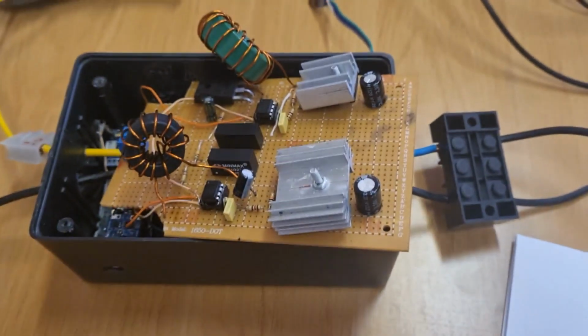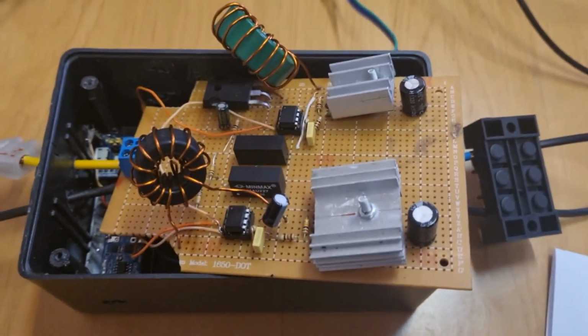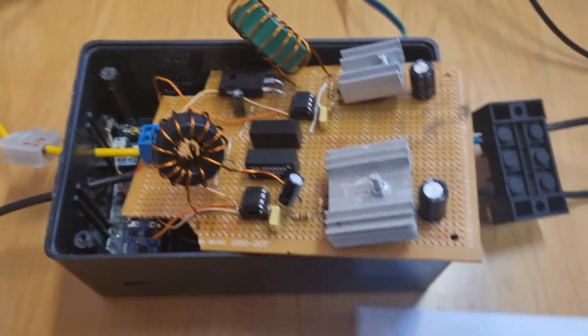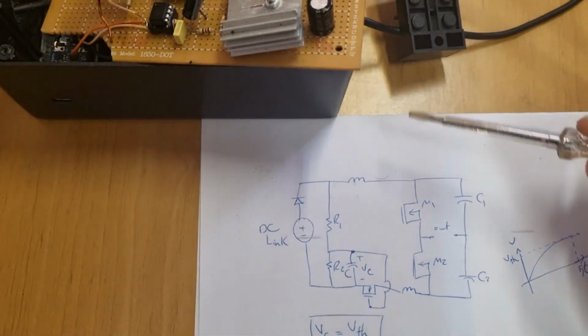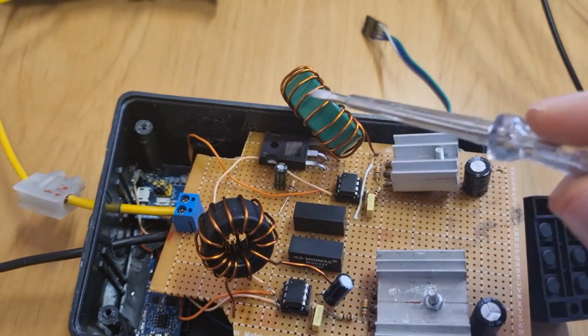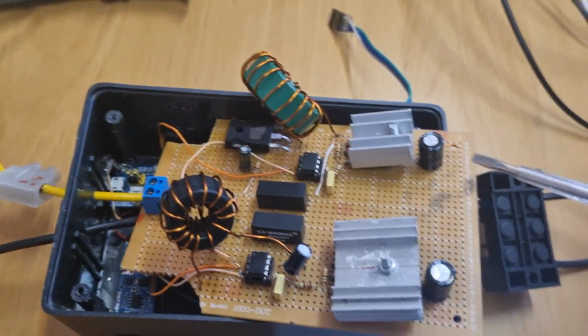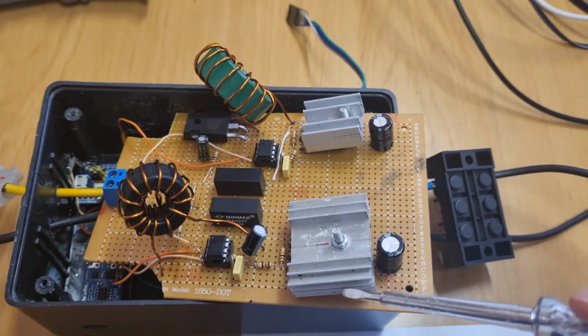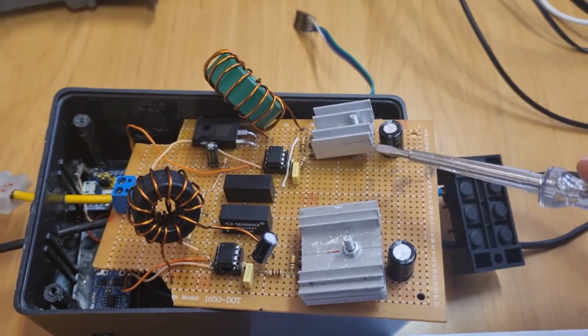Okay, I opened the converter that you can see here. This is the circuit. This inductor and this inductor, you can see them here. The main two switches, this one and this one. The main two capacitors, this one and this one.